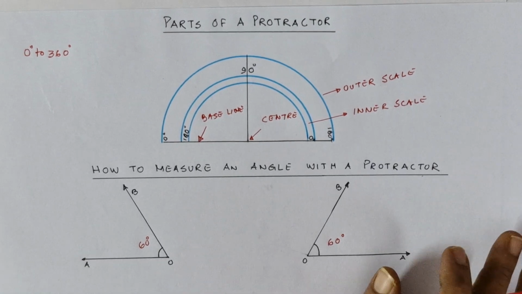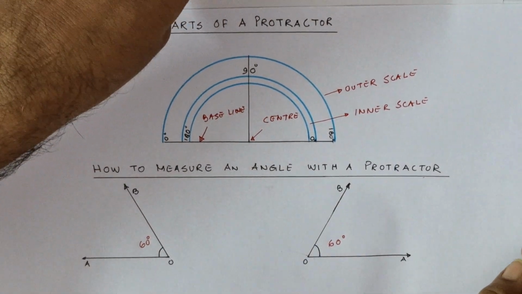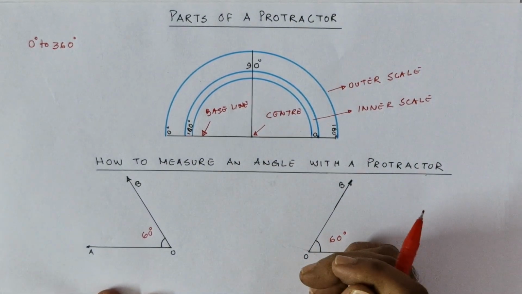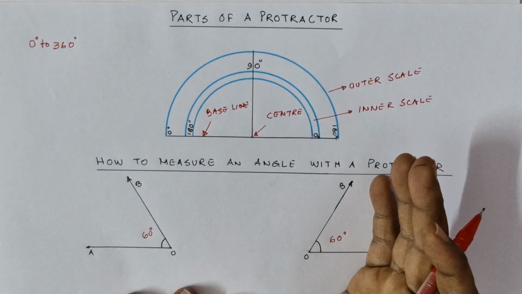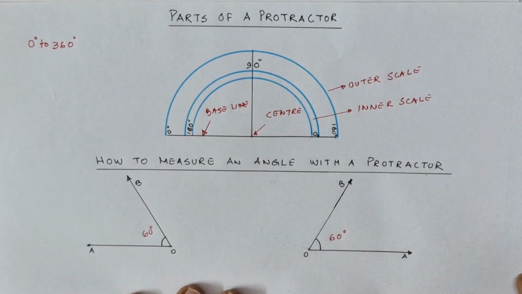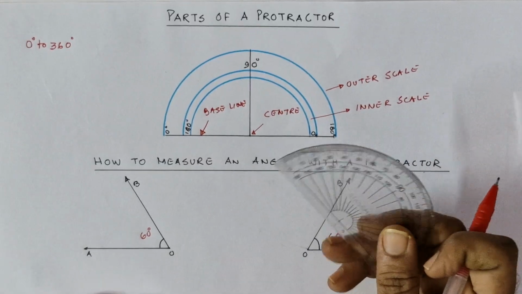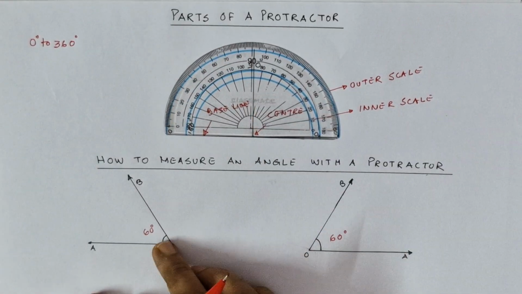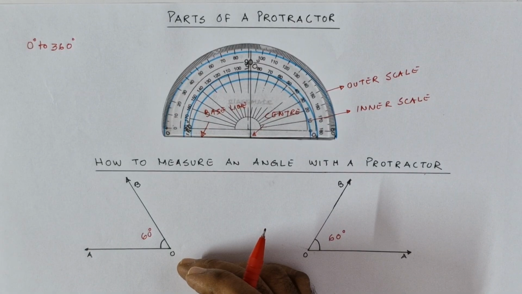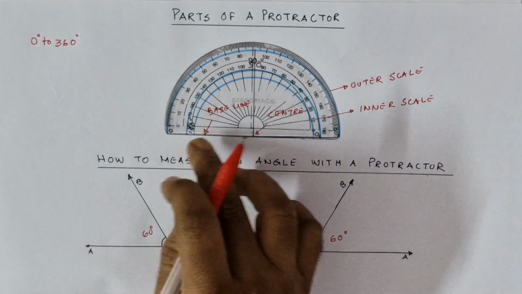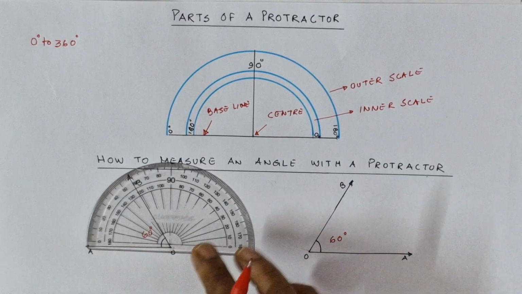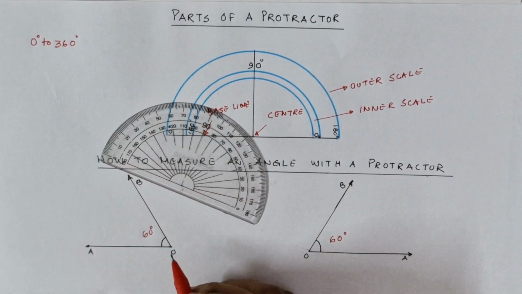So this is in a very simple way. These are parts of the protractor that you should know. Obviously protractor is an instrument that you use to measure an angle. So if you do not have a compass, then how to measure an angle? You have to measure an angle with this protractor, okay. So always remember, place the protractor in such a way that the baseline is over the arm and the center lies on the vertex.